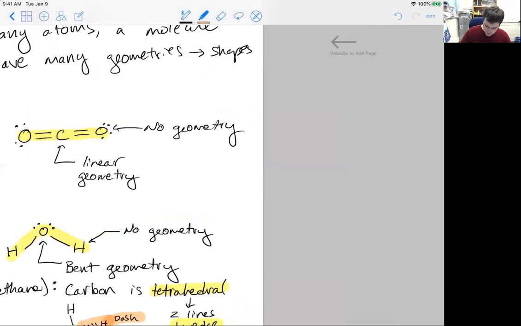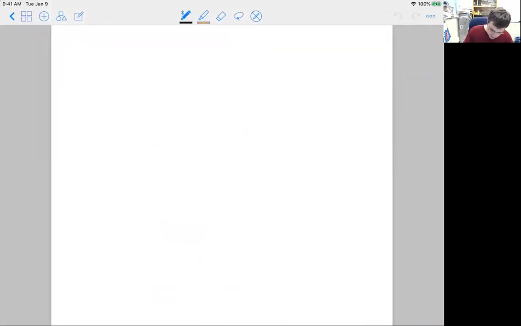Okay, so what do the wedges and the dashes mean? So when we have a tetrahedron, I'm going to draw this one much bigger. I have 4 things attached to a central atom. 2 of those things are attached by straight lines. The other 2 are attached by a wedge and a dash.